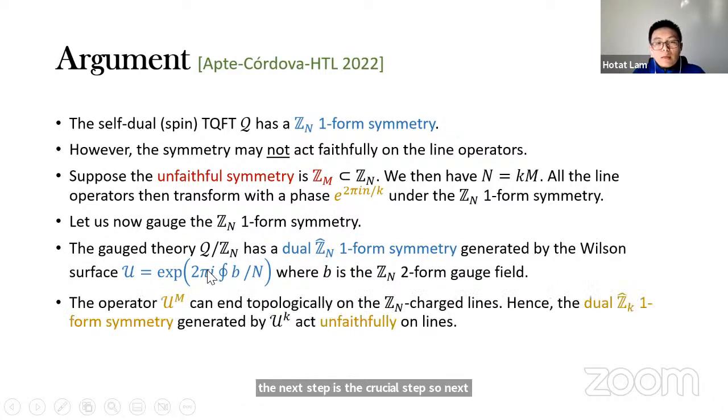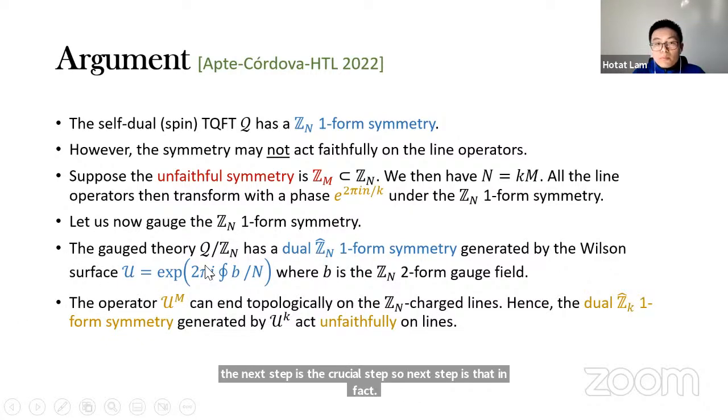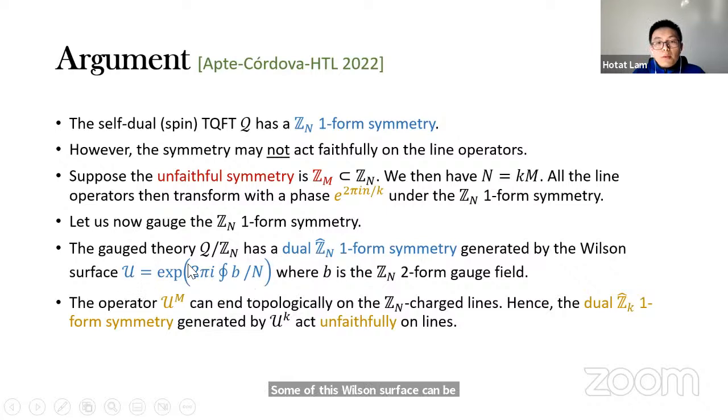In fact, some of these Wilson surfaces can be opened up. The reason is that, recall, after gauging the symmetry, those lines that are charged under the original ZN1 symmetry will now not be gauge invariant, and they should be attached to some Wilson surface. And recall that the lines that transform under ZN1 symmetry all transform with a Kth root of unity rather than an nth root of unity.